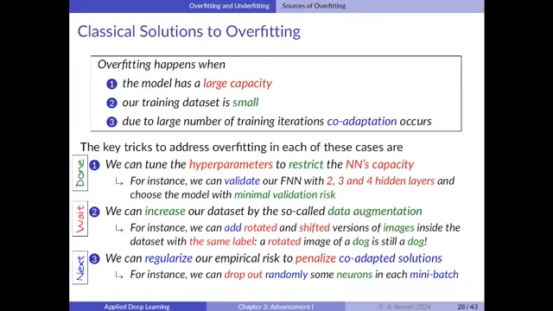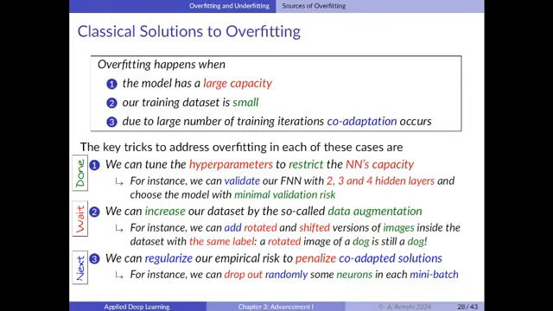So what can we do to reduce or remove this overfitting? The first is to tune the hyperparameters to restrict the neural network's capacity. For example, in the validation set, we can consider different numbers of hidden layers, which is a hyperparameter.